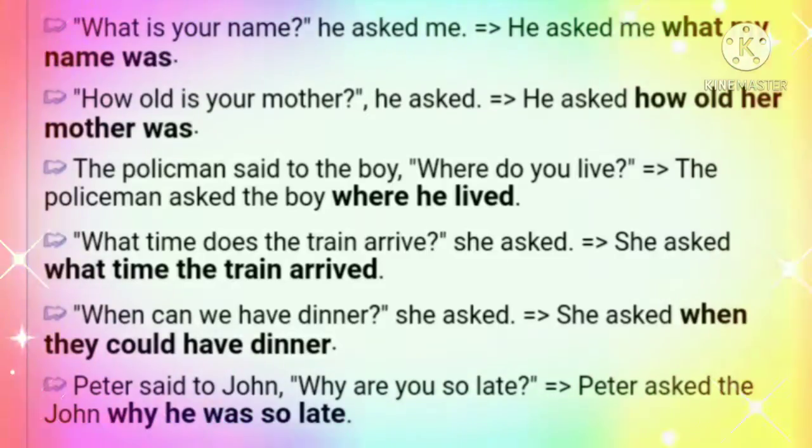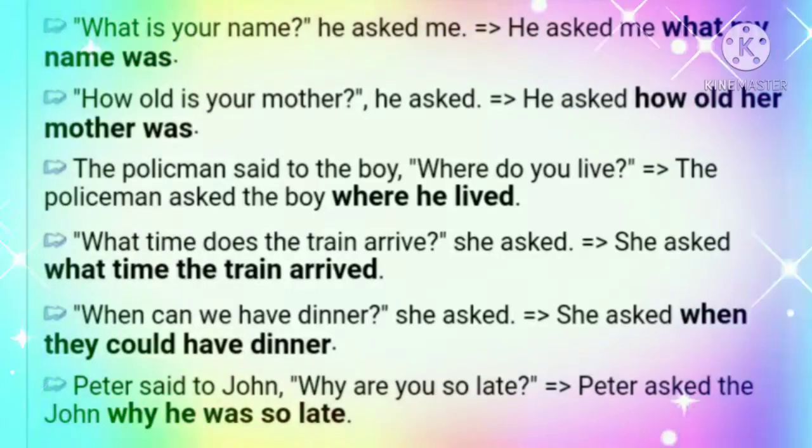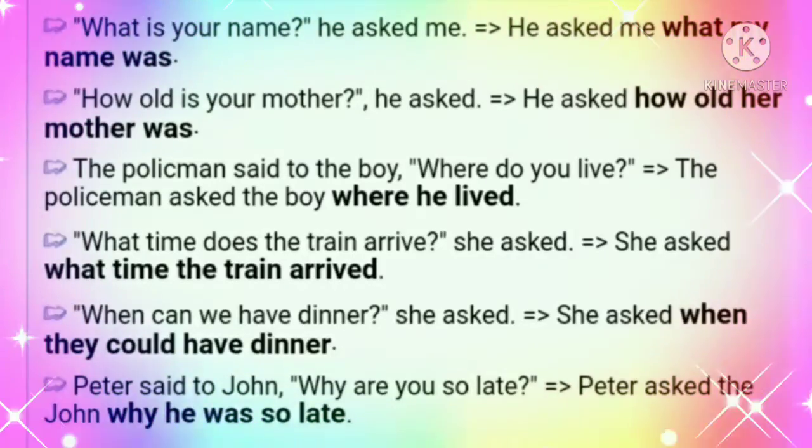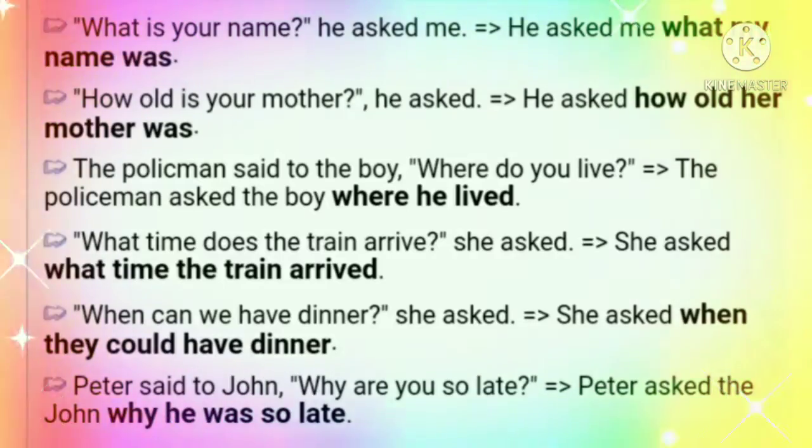So here we must see that the only verb in the sentence is the auxiliary to be, what is. So what is your name? Here the auxiliary to be is, when we report it, it is always put at the end of the sentence, like he asked me what my name was.